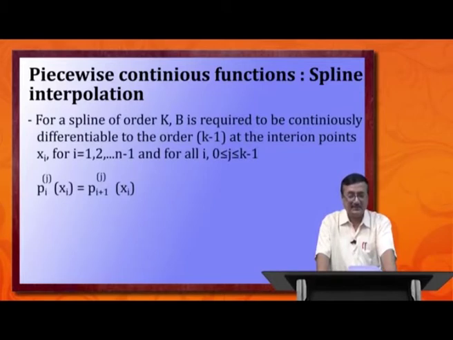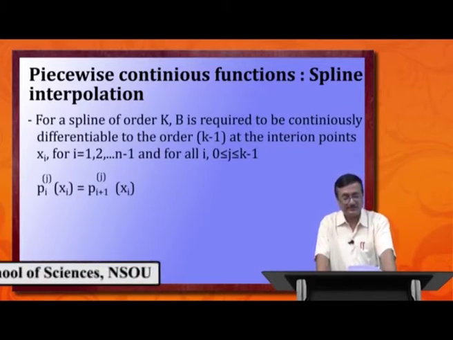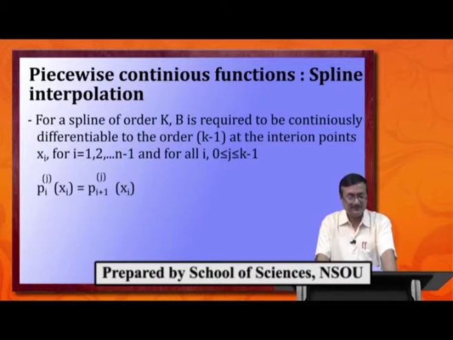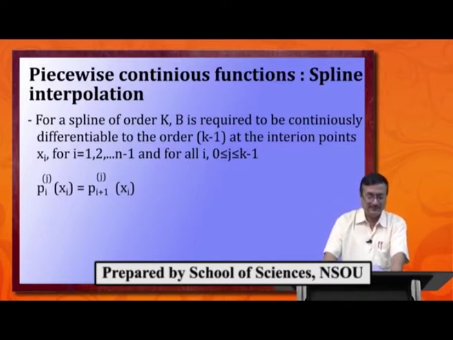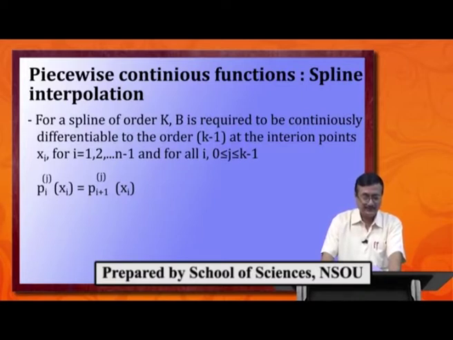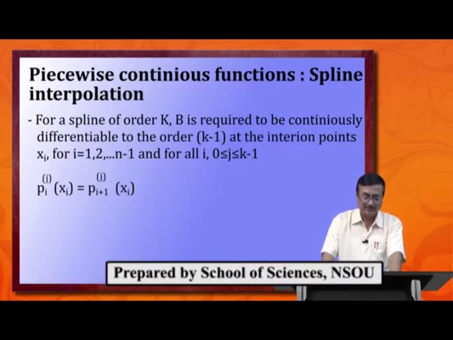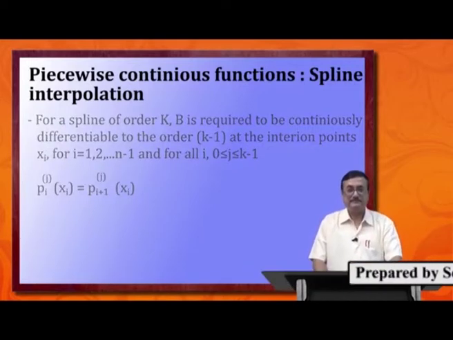For a spline of order k, S is required to be continuously differentiable to the order k minus 1 at the intermediate points, interior points x_i for i equal to 1 to n minus 1, and for all j, 0 less than or equal to j less than or equal to k minus 1, the jth order derivative of S_i at x_i is equal to the jth order derivative of S_{i+1} at the same point x_i.